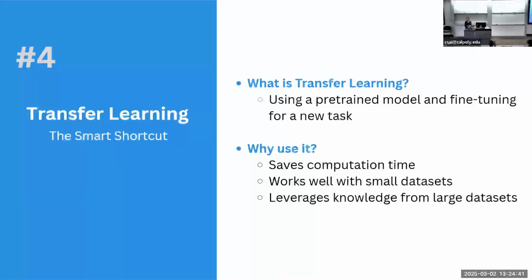This is really powerful because it saves time and computational resources while still being able to achieve good results on a data set that we want to use for our specific task. Today, we're going to use MobileNet V2, which I talked about earlier. That's the CNN developed by Google.